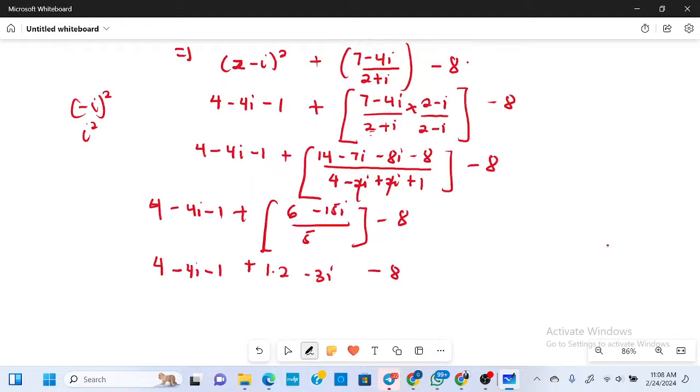So if you have negative 4i by i, you are going to simply get positive 4i squared, yes. Minus 8. So that is it.